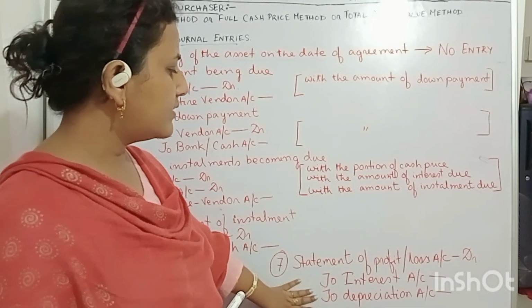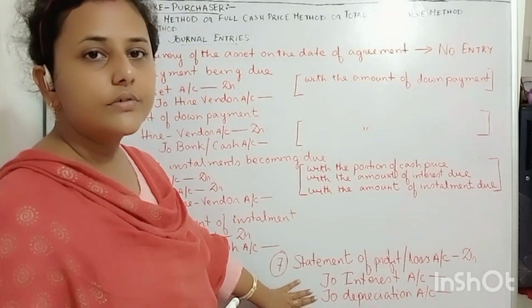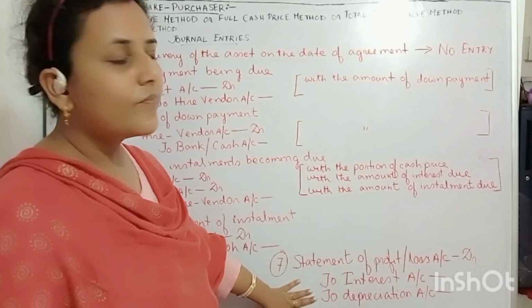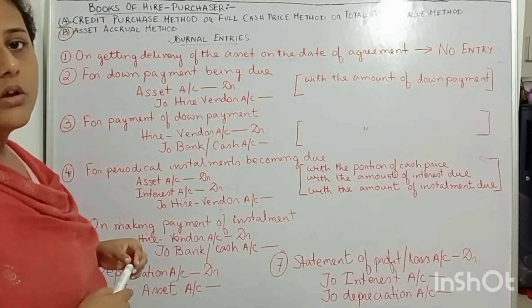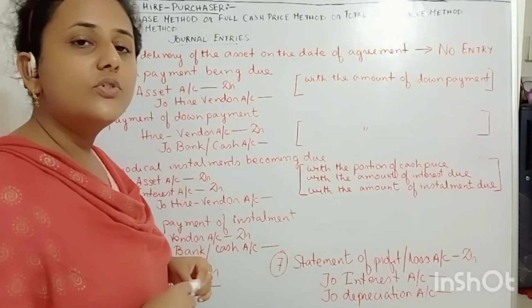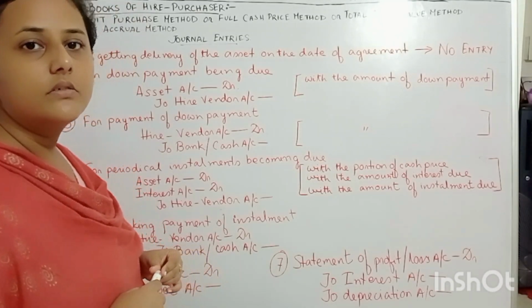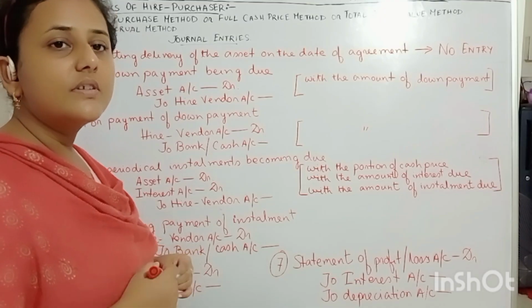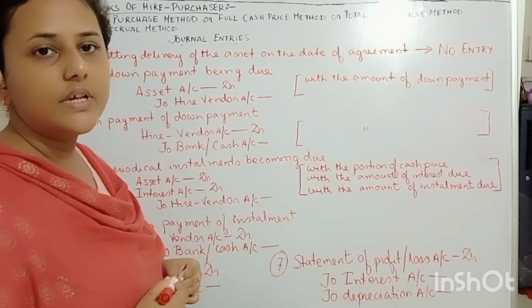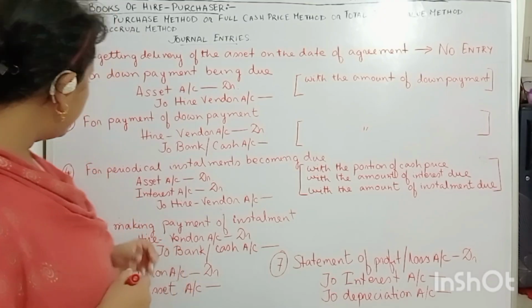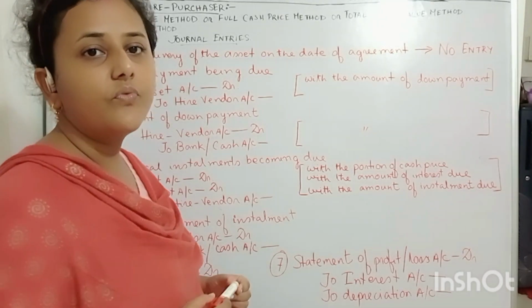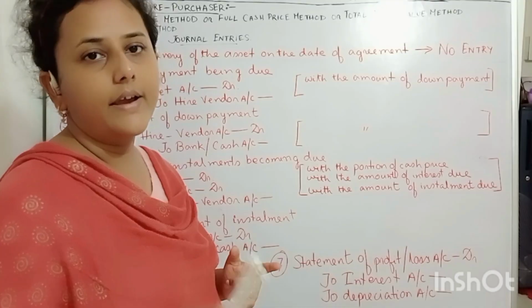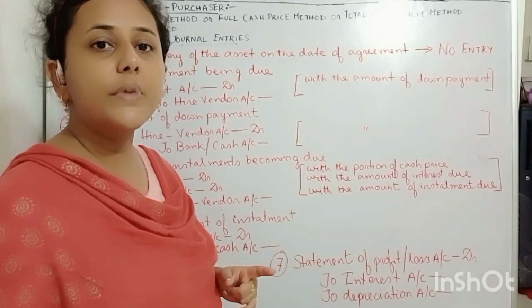So these 3 entries, number 1, 2 and 3, are passed on the date of delivery of the asset, when the purchaser enters into the hire purchase agreement. And the rest of the 4 are passed when the year ends, if the installments are paid yearly.